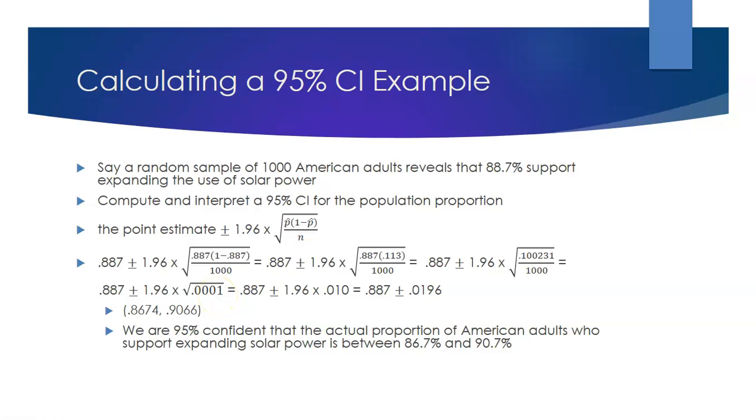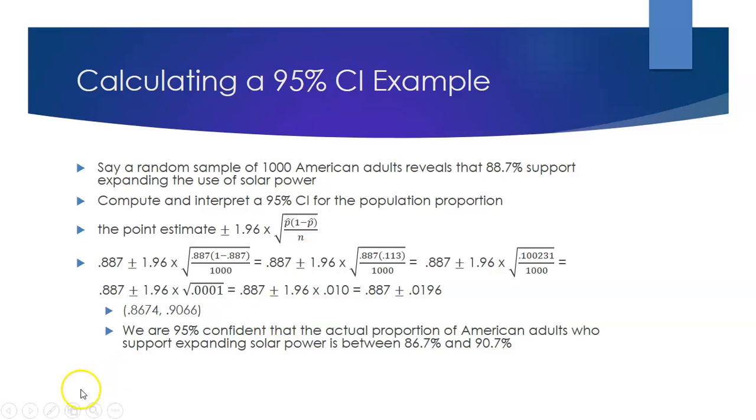And then we take the square root of that, which gives us the value of 0.010, okay? So all of these steps are just showing how we reduced the standard error and solved for it. Ultimately our standard error is 0.010.